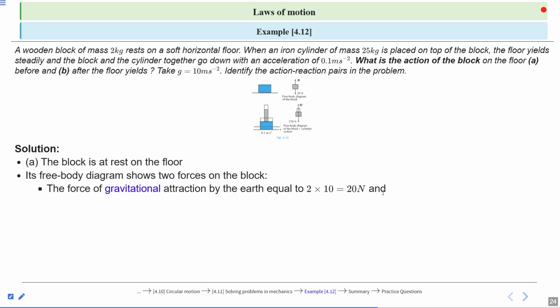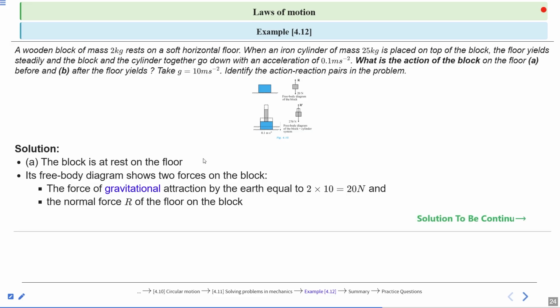This is the first force. And the second force is the normal force of the floor on the block, normal force R. Now the important thing is this. What is the direction? The direction of the weight is vertically downward and the direction of R is vertically upwards.